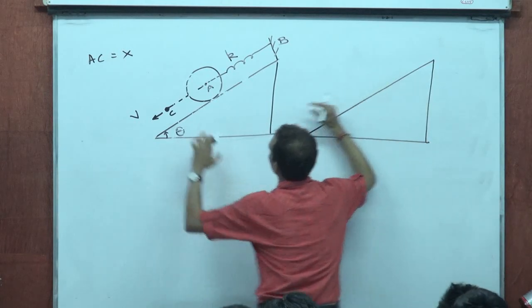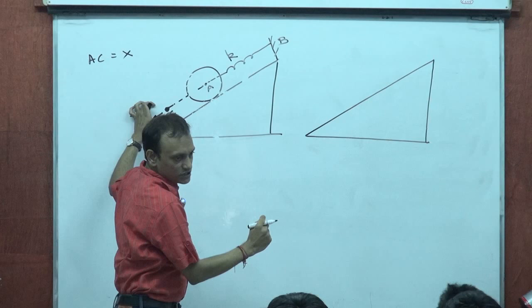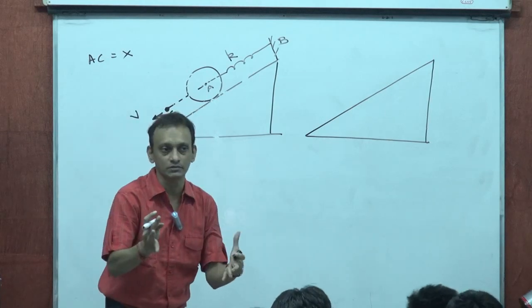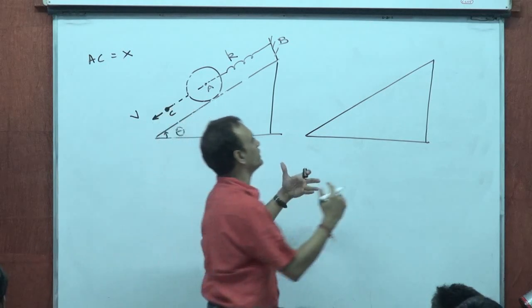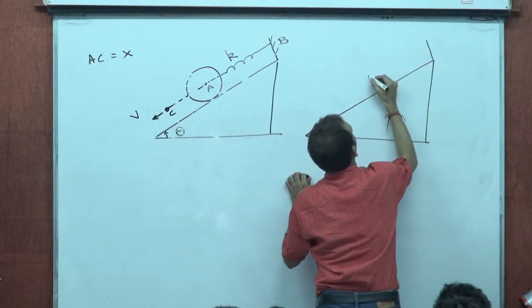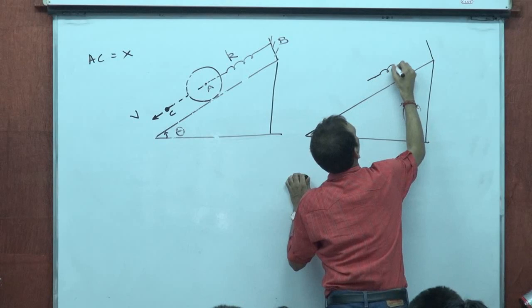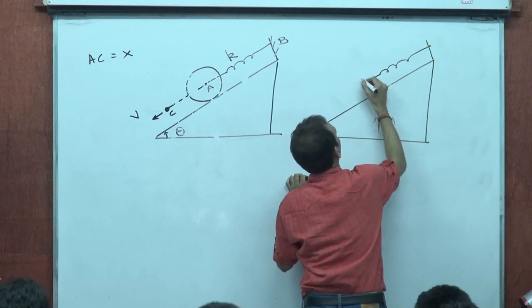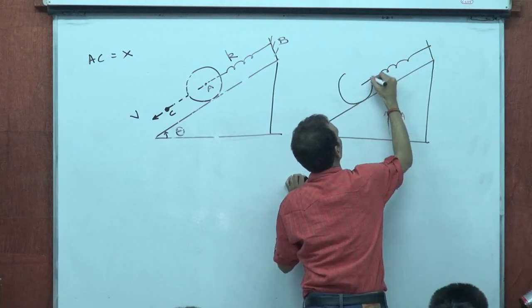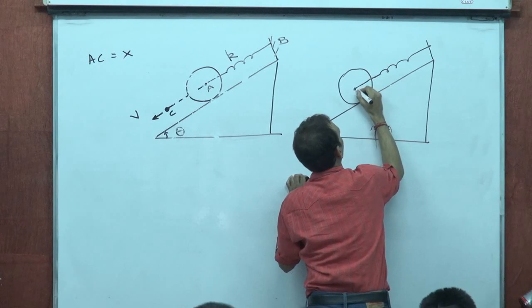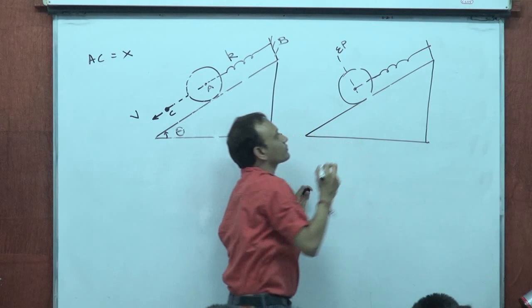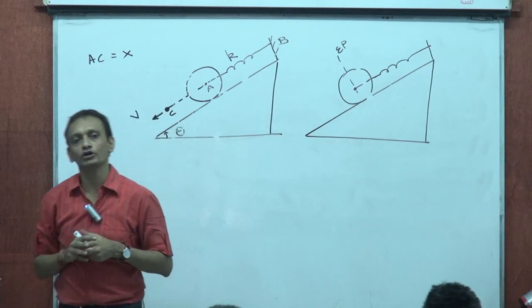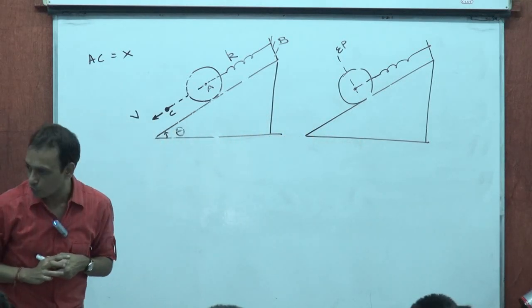See, eventually this reached an equilibrium position. From the equilibrium position, let's see what happens when we displace it further by an amount x from the equilibrium position. This is the equilibrium position of the cylinder when the net of all forces and all torques on the cylinder was 0.